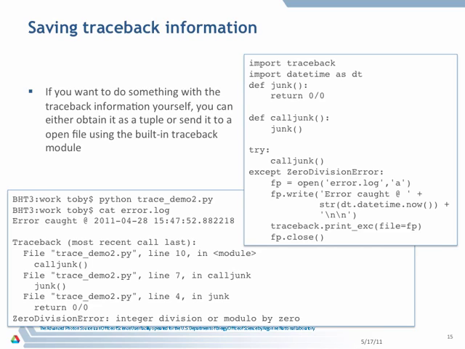So when I run this version here, trace demo 2, it puts it into a file for me. And I've added a timestamp that tells me when the error occurred and the traceback.